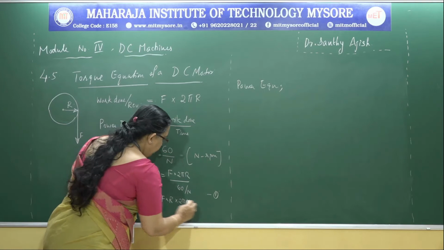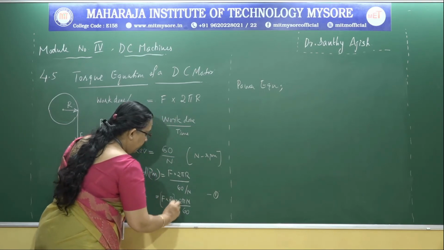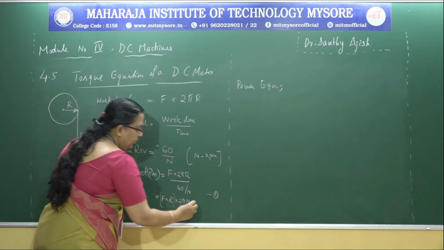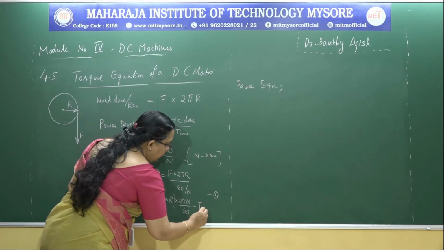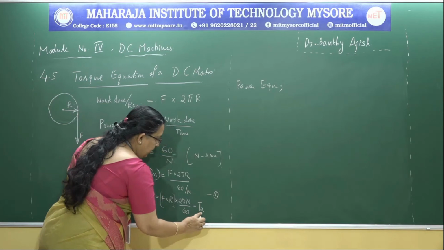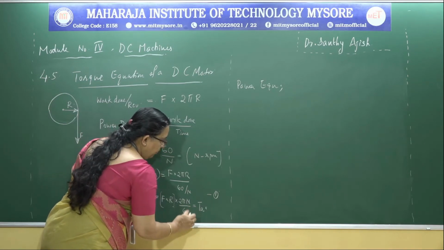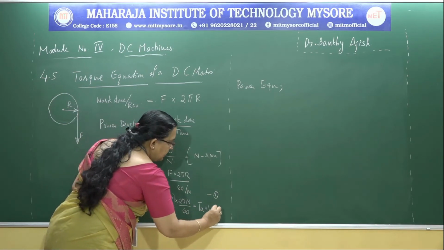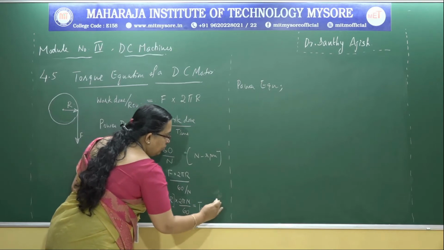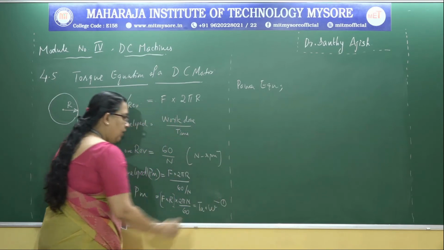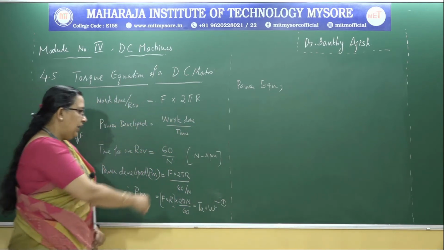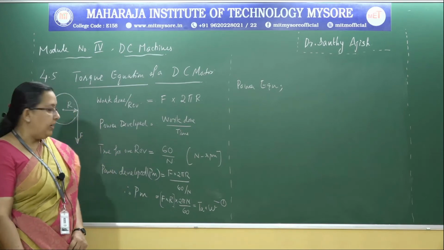What is F into R known as? Force into distance, so it is nothing but the torque developed by the armature, Ta, into 2 pi N by 60. 2 pi N by 60 is the angular velocity, omega. So I have replaced it with Ta into omega, and I'll call this equation number 1.